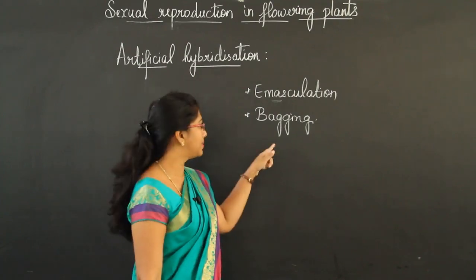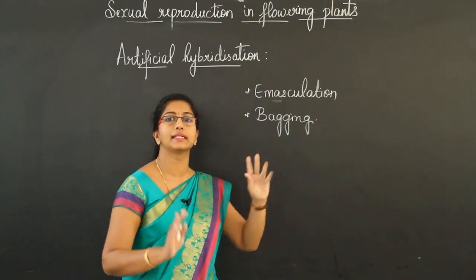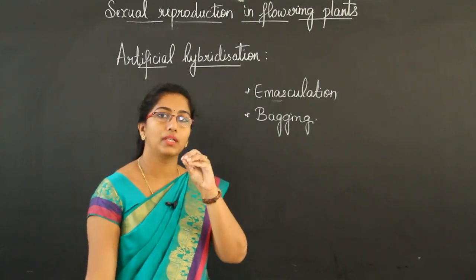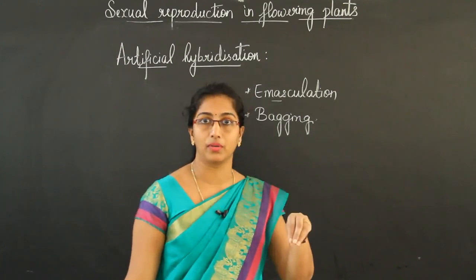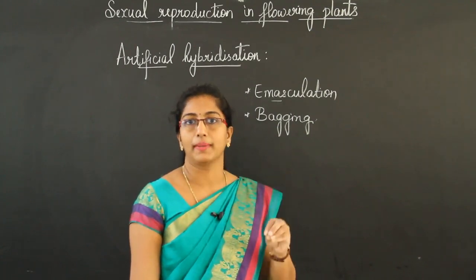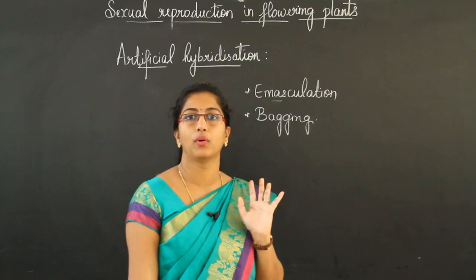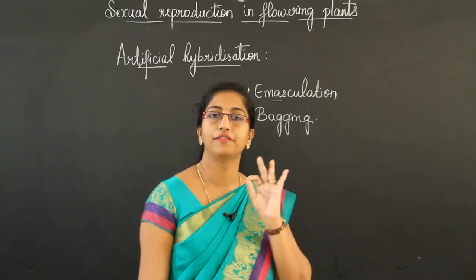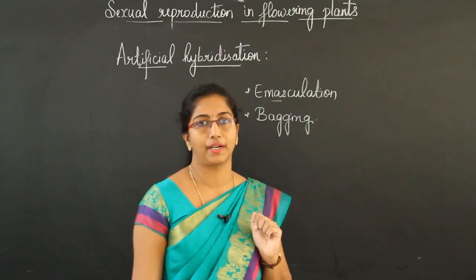It is bagged again and left to grow. The desired pollens dusted over the stigma germinate, produce the pollen tube, fertilization happens, and finally fruits and seeds are produced.